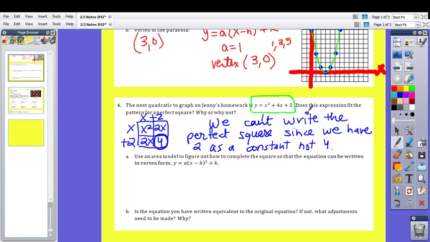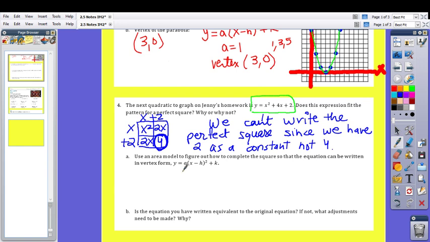Because we need 4, but we only have 2. Then it is asking to use the area model to figure out, which we already did, and we figured out we will be needing 4.